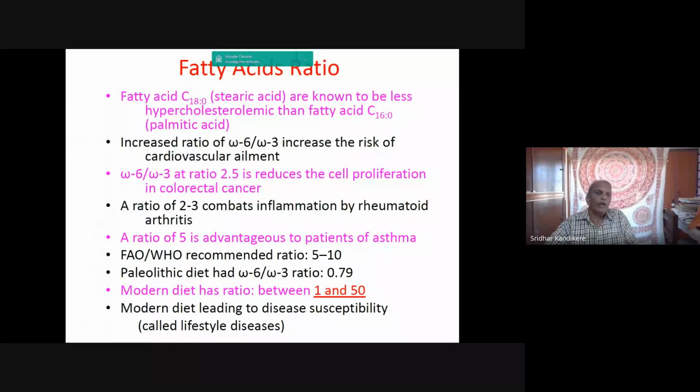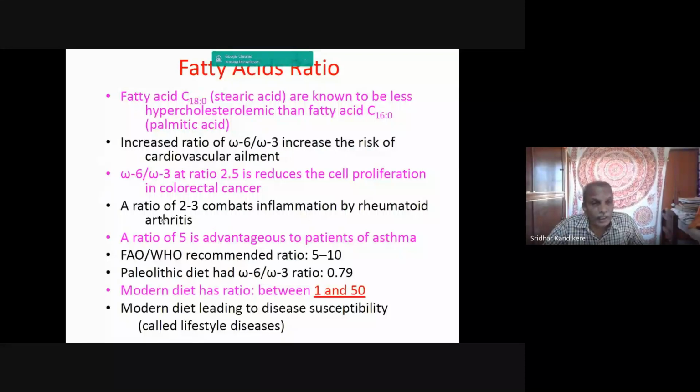and how it is going to meet the human requirement. So this other ratio is omega-6 and omega-3, as I mentioned, and it is important to combat cardiovascular ailment. An omega ratio of 2.5 is very important. It reduces the proliferation of colorectal cancer.